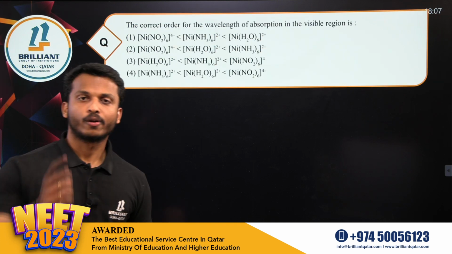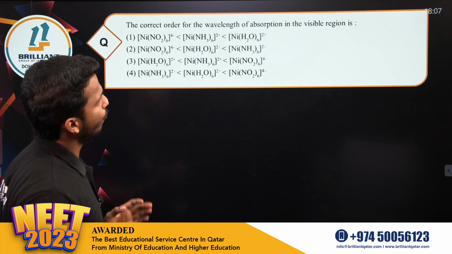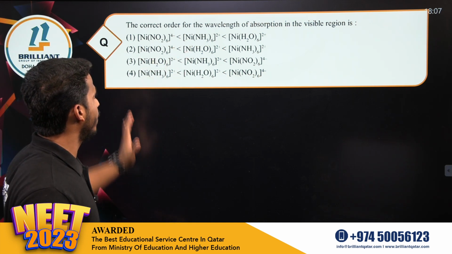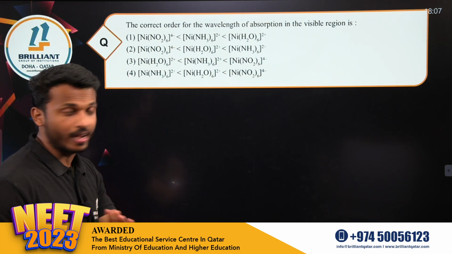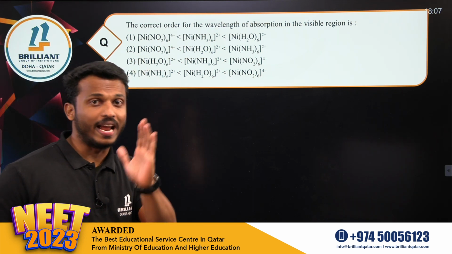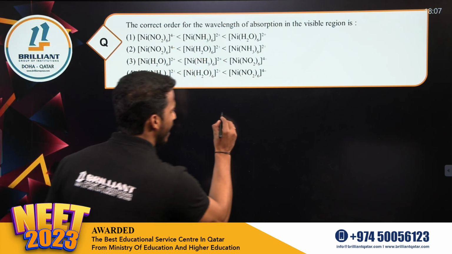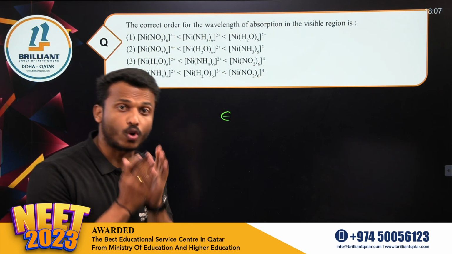Clear all? Question number 6. The correct order for the wavelength of the absorption in the visible region. Many complexes are given here. In all the cases the central metal atom is nickel, only the ligands differ: nitrito NO2, amine, aqua. There is a relation with the energy: crystal field splitting energy as per the spectrochemical series.